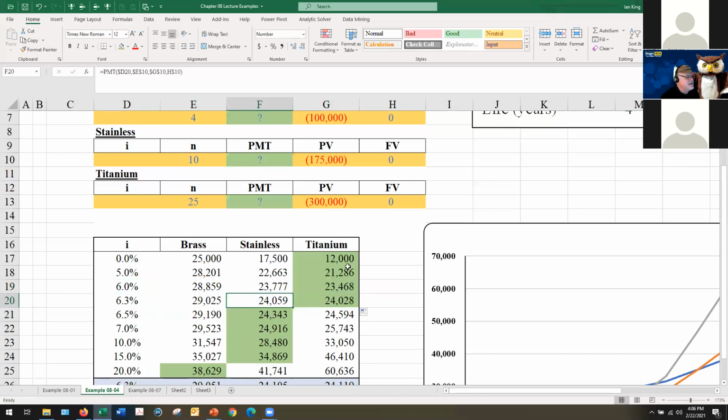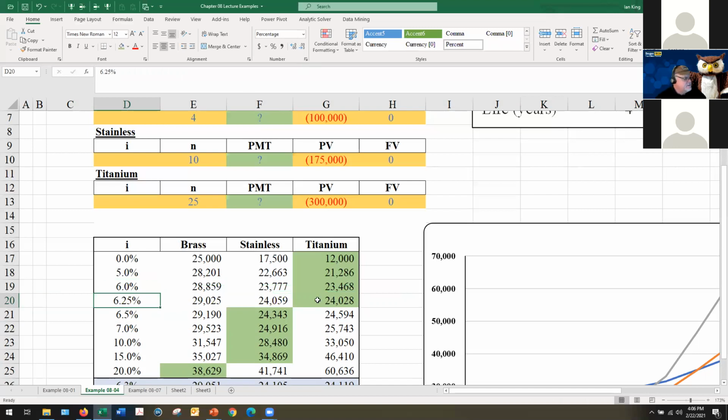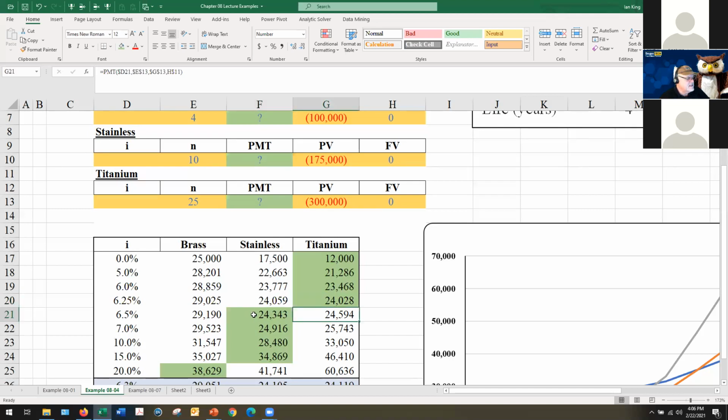So what we know here is that between 6.25 and 6.5, it becomes less costly to use stainless than titanium. 24.28 versus 24.59. But here something switches, and 24.59 is less than that. So somewhere between 6.25 and 6.5, the profitability changes.